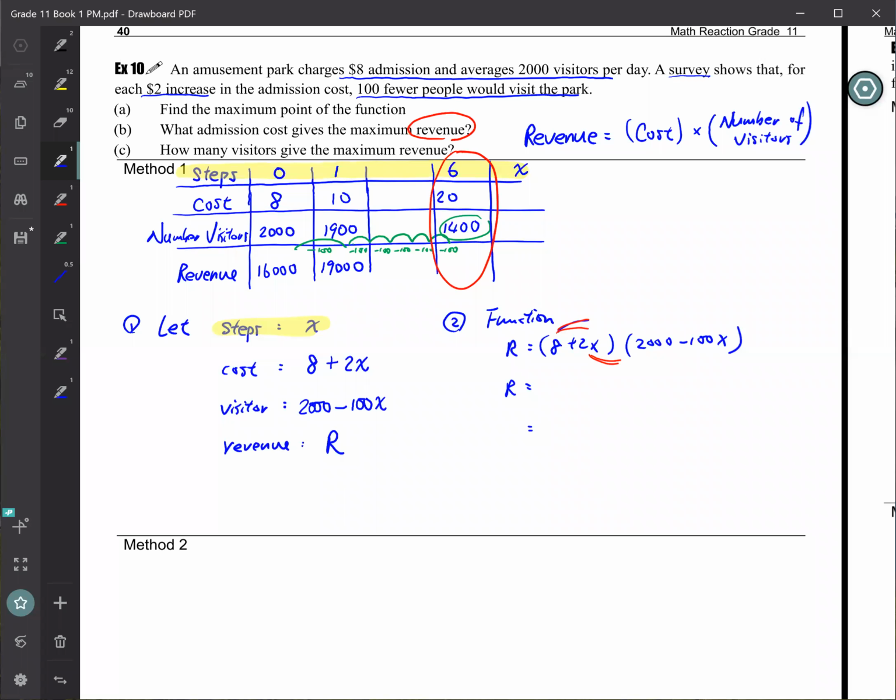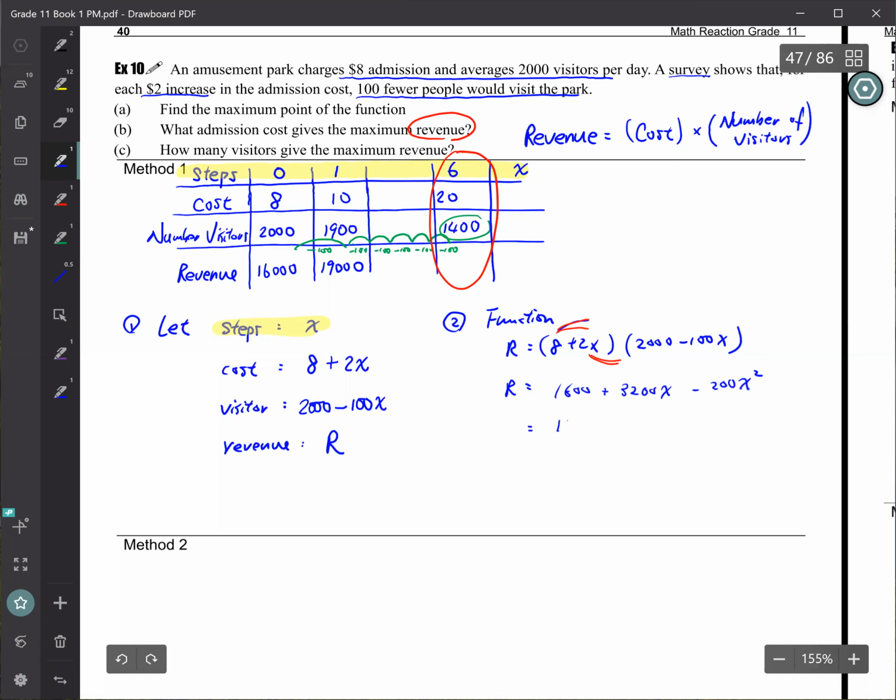Okay, Jenny, do you have the general form yet? I think so. Okay, can you tell us your general? R equals 16,000 plus 3,200x minus 200x squared.